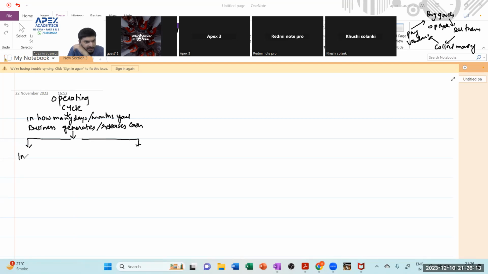So if the operating cycle increases, what is the meaning? It shows that more time is needed for cash to be generated. Is this good or bad? This is bad or adverse.